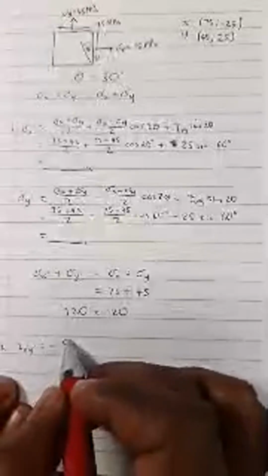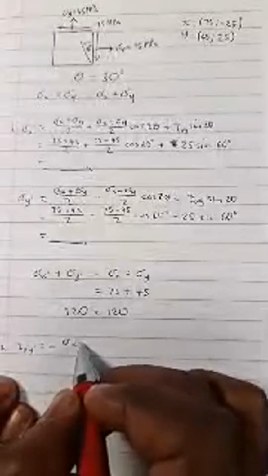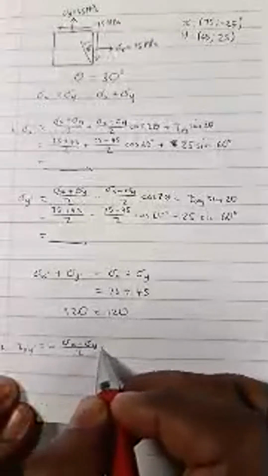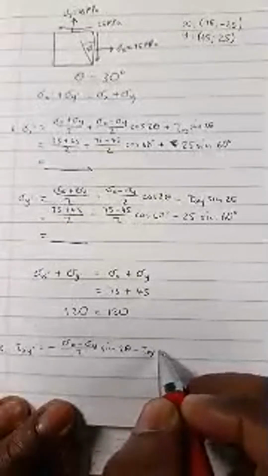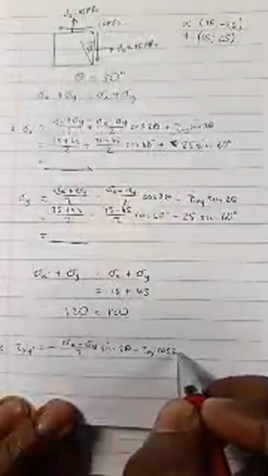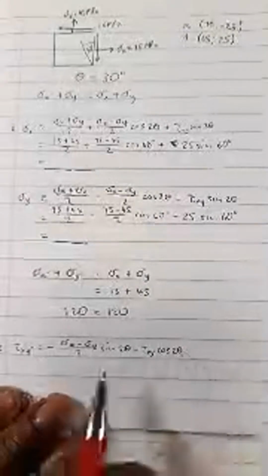It starts with a negative: stress X minus stress Y over 2 times sine 2 theta, minus, then here it will just be cos 2 theta.